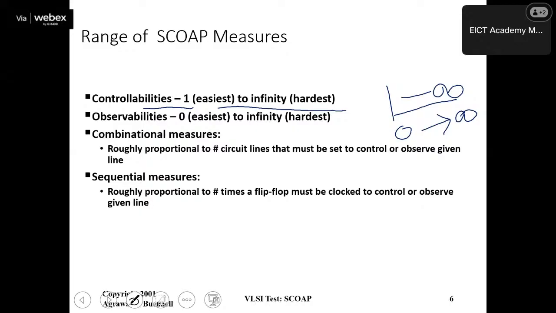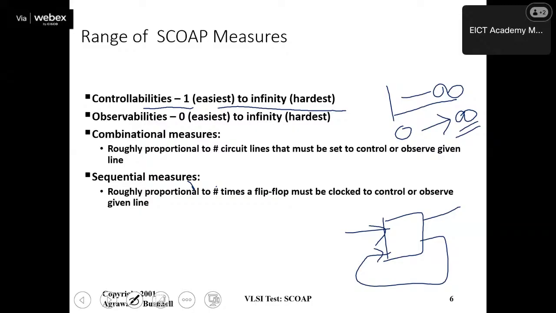Okay. So combinational measures, roughly, are proportional to the number of circuit lines that must be set to control or observe the given line. This is the rough rule for the combinational measures, while in sequential measures, there is a twist. Sequential means there is a circuit and then we have some feedback, right? So in one go, if we are not able to fix all these, our job is to bring these infinities to some number.